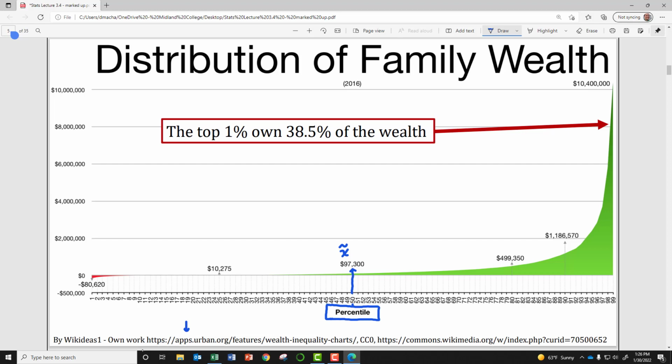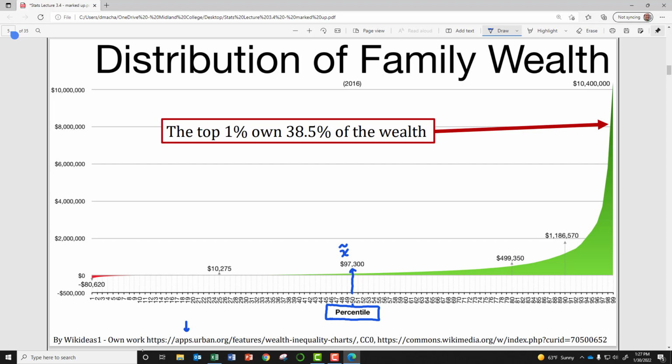Subtract any debt that they have, so subtract student loan debt, subtract their car note if it's not paid, subtract their mortgage, how much they still owe on their house, subtract all their debts. And then what would you have for wealth, right? What would you have as somebody's net worth, or a whole family household's net worth in this case? So the median is 97,000.